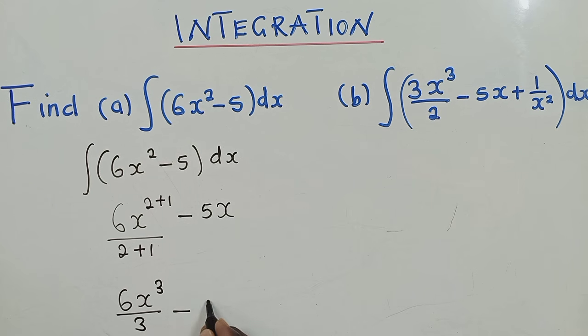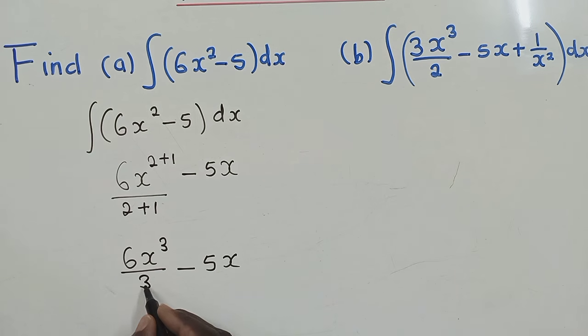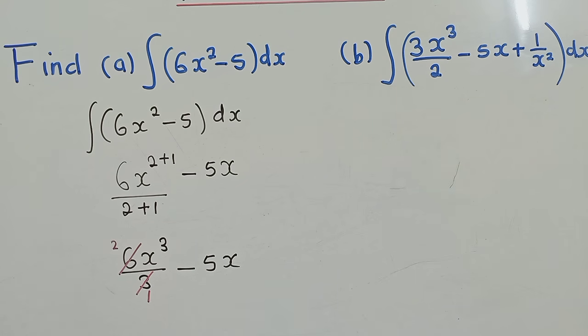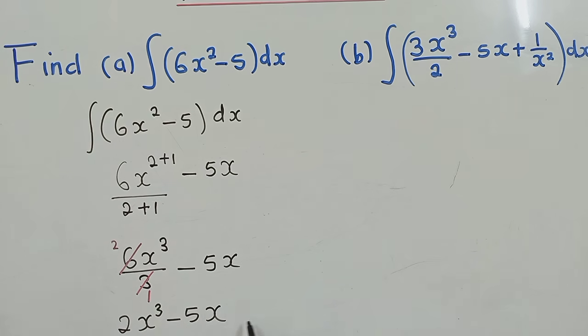Minus 5x. Okay. So now, here we have to divide. We know that 3 into 3 is 1, into 6 is 2. So we have 2x power 3 minus 5x.